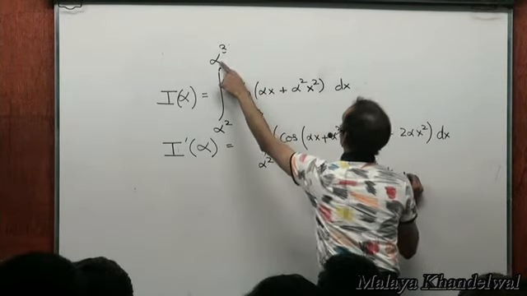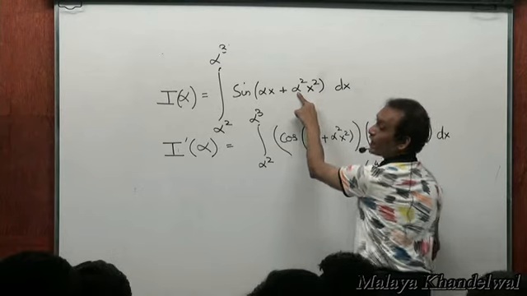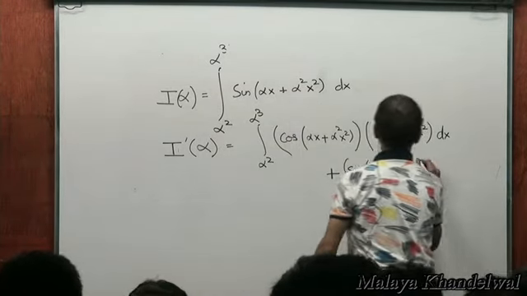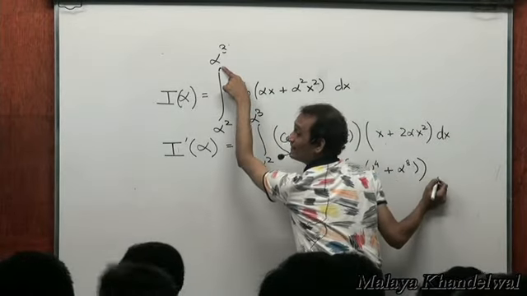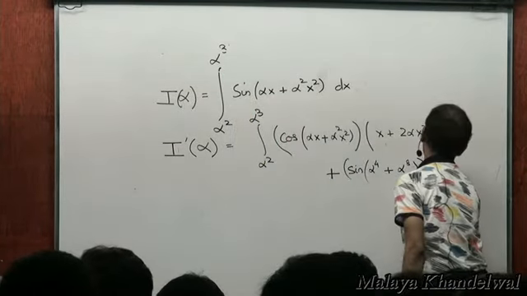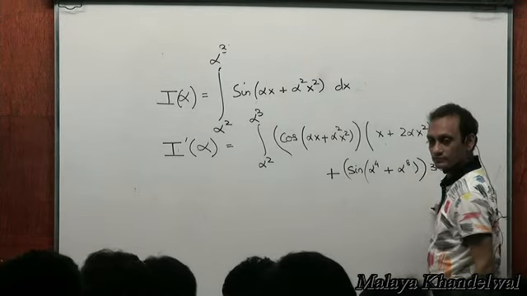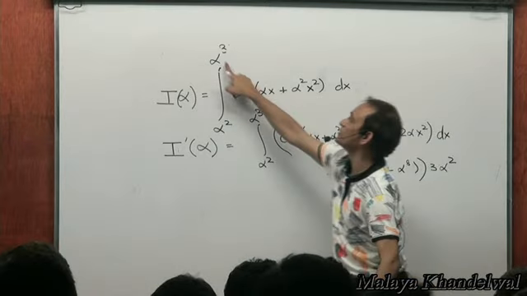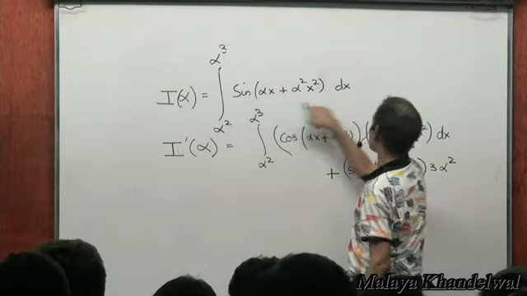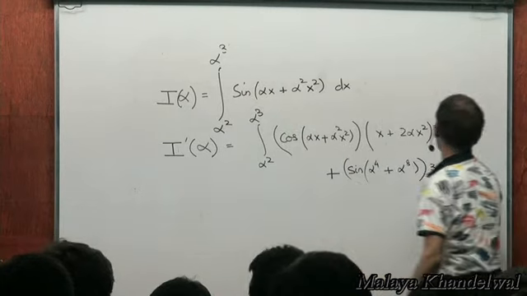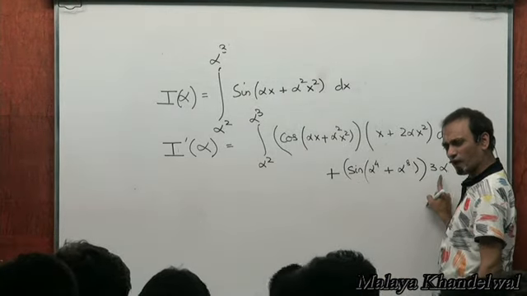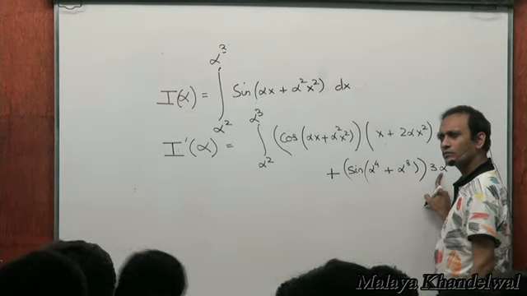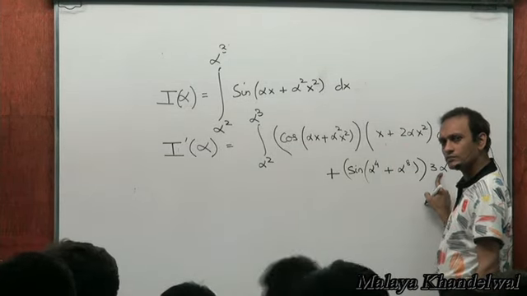This x replaced by alpha cube, so alpha to power 6 into alpha squared, alpha to power 8, into db d alpha, that is 3 alpha squared. 3 alpha squared, that's the second term. Wherever x came, I replaced it by b alpha in this, and then differentiated 3 alpha cube with respect to alpha. I got 3 alpha squared. Does it sound all right?